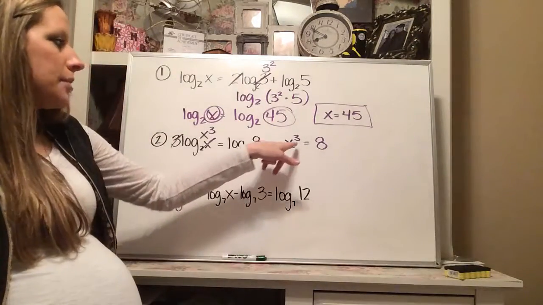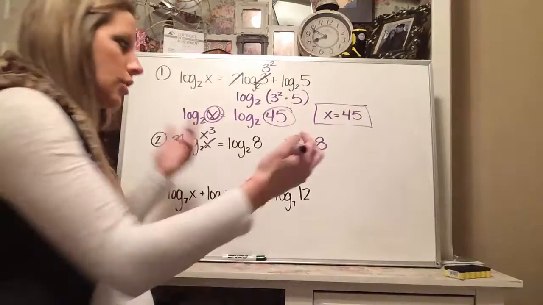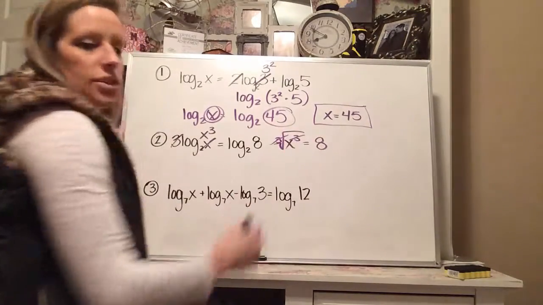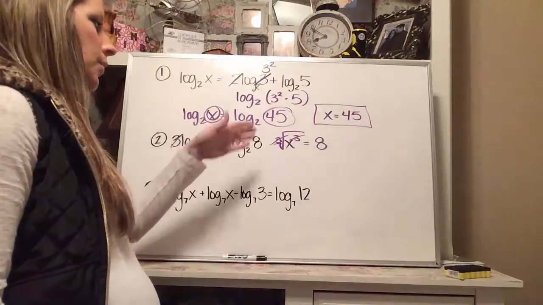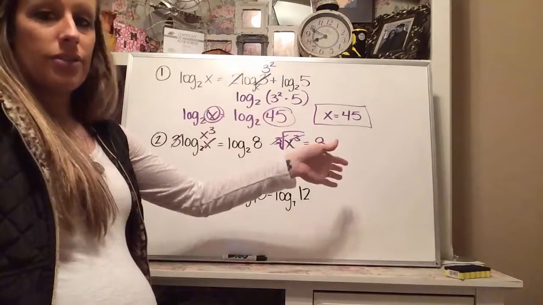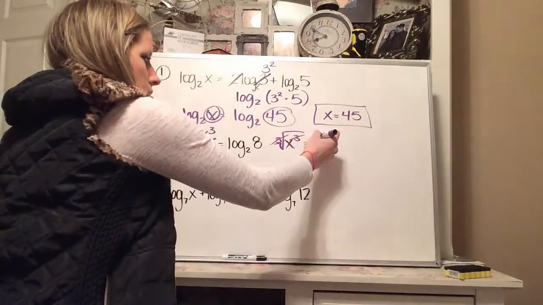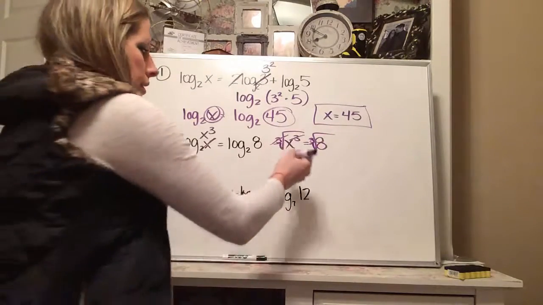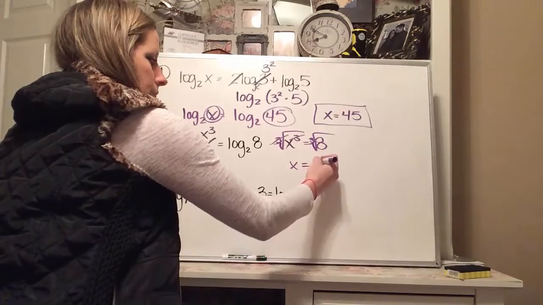So the opposite of cubing something is to cube root it. And they'll cancel each other out. What you do to one side, you have to do to the other. So ask yourself, okay, what's the cube root of 8? And it would be 2.